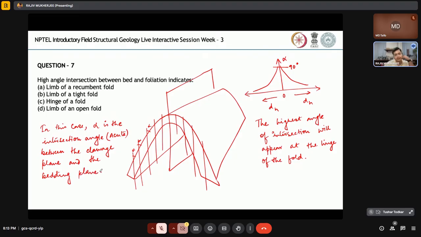Right? So this is how we define the relation between cleavage and bedding planes, and obviously at the hinge zone the angle is at its highest, which is 90 degrees, and therefore option C is the correct answer.